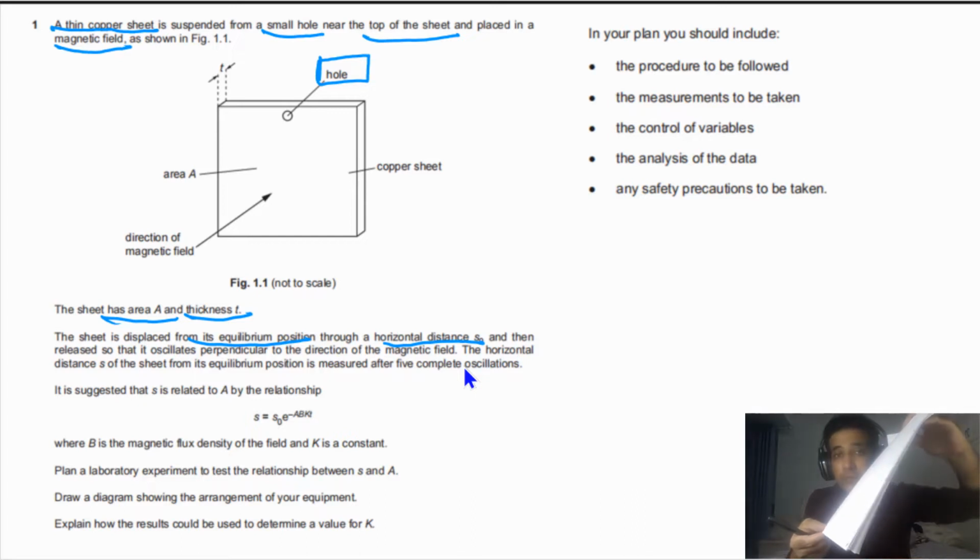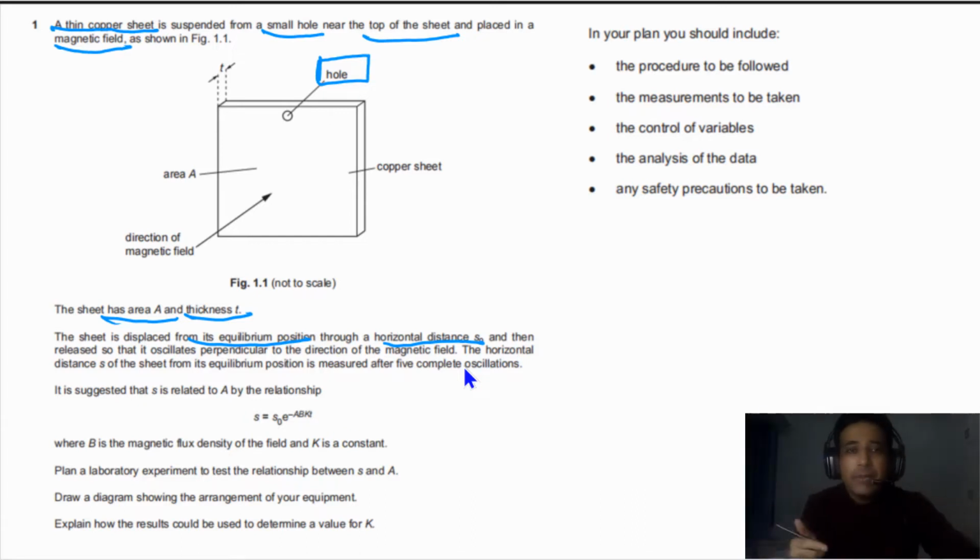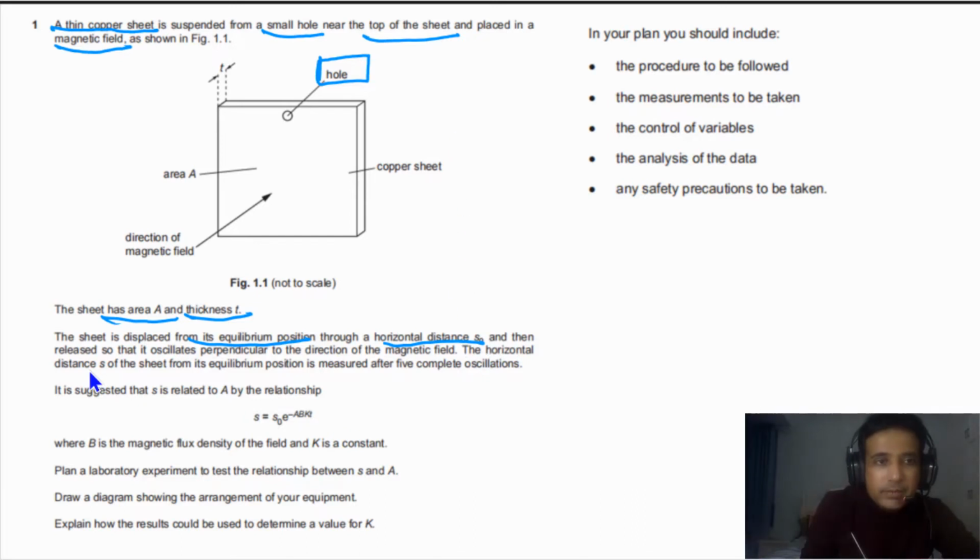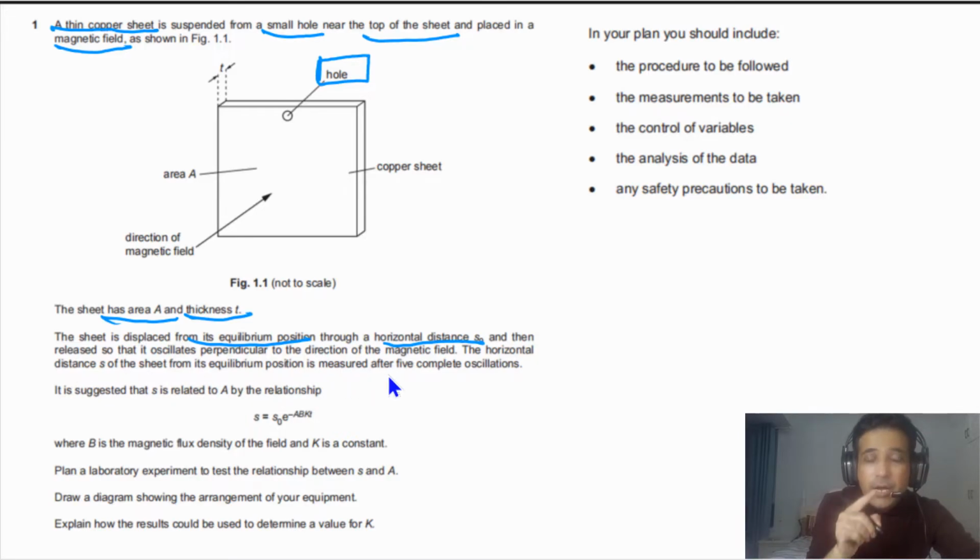The initial value of displacement is given, that is S0. Then release so that it oscillates perpendicular to the direction of the magnetic field. The horizontal distance S of the sheet from its equilibrium position is measured after 5 complete oscillations. This is also a very important point: when S is measured, it is measured after 5 complete oscillations.